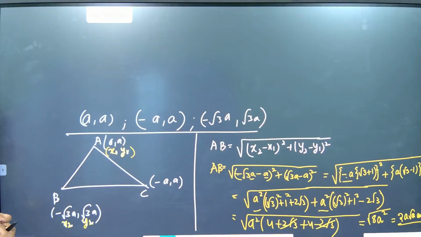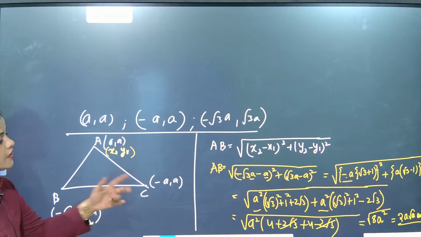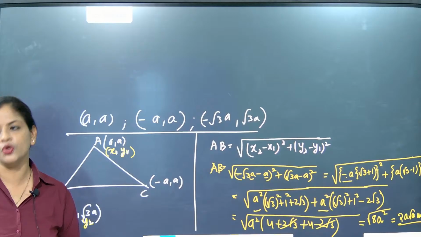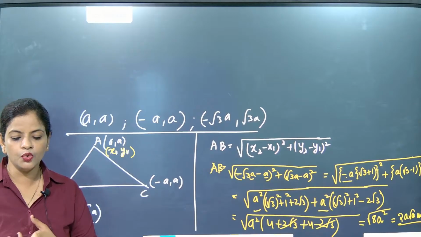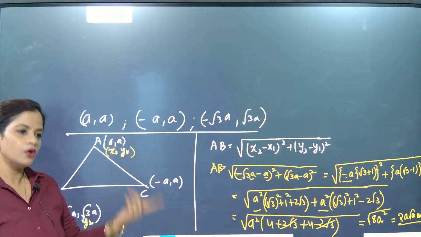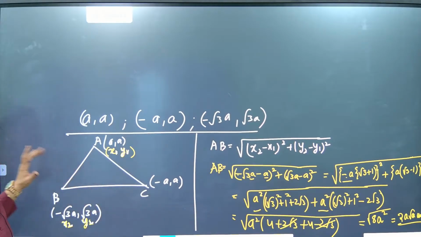Understood? So when we try to get the value of AB, the value is coming as 2a root 2 units. Sorry, 2a root 2 units.